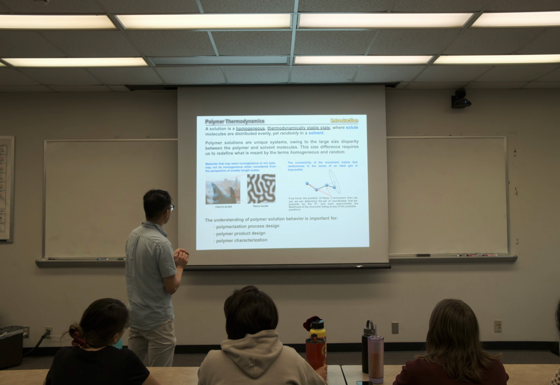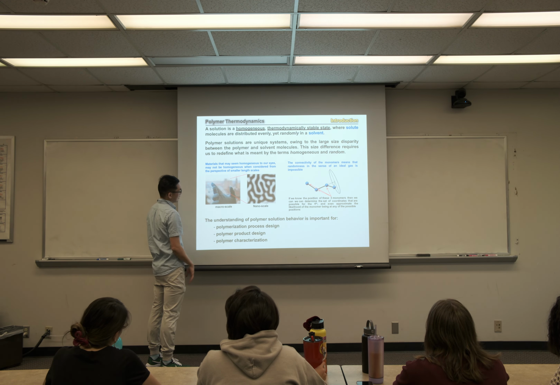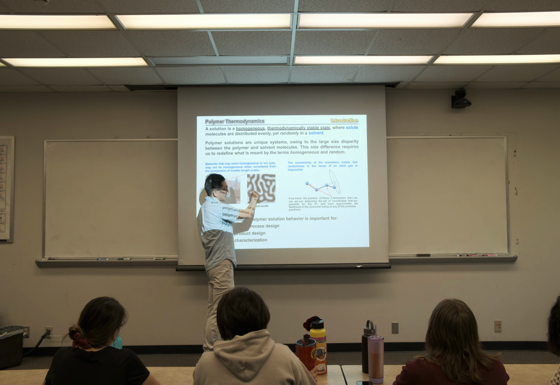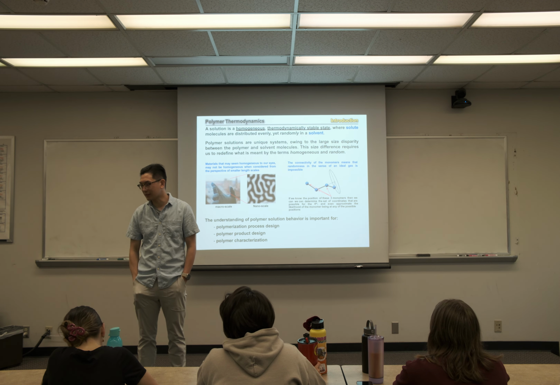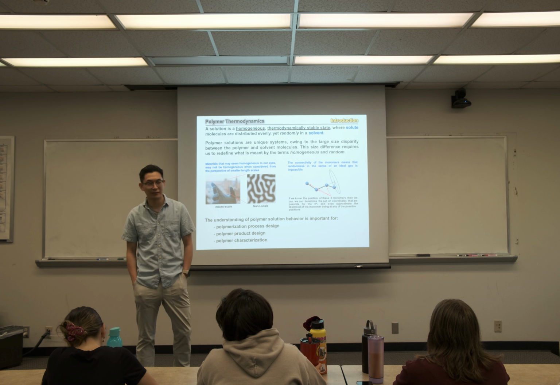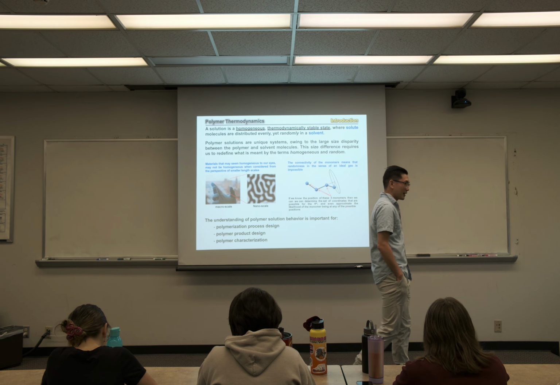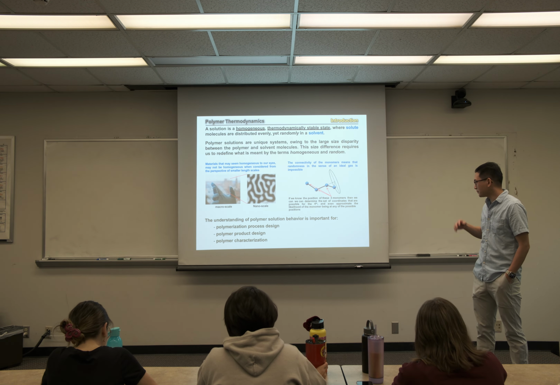But in many cases, it might look relatively okay to your eye on the macro scale, but at the nano scale, they actually have phase separation. This is one of the problems for the plastic industry, where they need to spend a lot of money sorting them out. You need to sort out polyethylenes, polystyrenes, and you need to spend a lot of time.